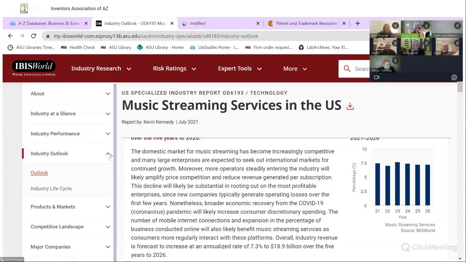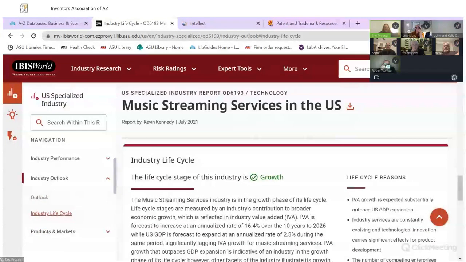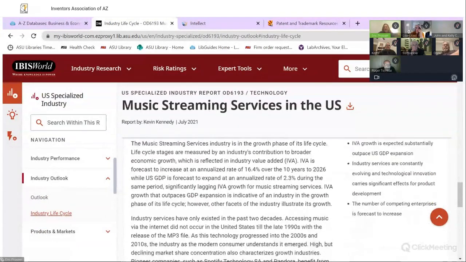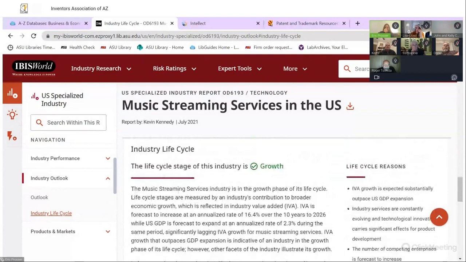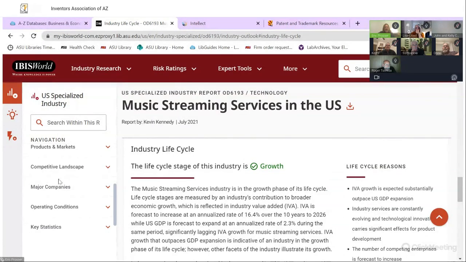And other things we can do over here is, we've got these little drop downs. So if you want to see specifically what things are going to be talked about over here, it will give you an evaluation of where the industry is at in its life cycle, things like that. Competitive landscape.